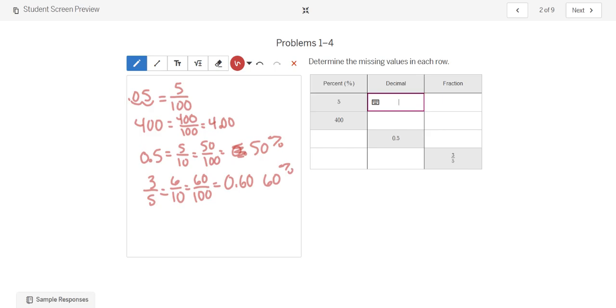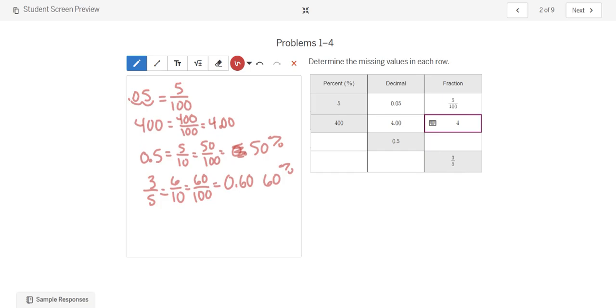As a decimal, that's 0.05. As a fraction, it's 5 over 100. As a decimal, that's just 4. I'm going to put 4.00. It doesn't matter. And then as a fraction, 4 over 1, or 400 over 100.